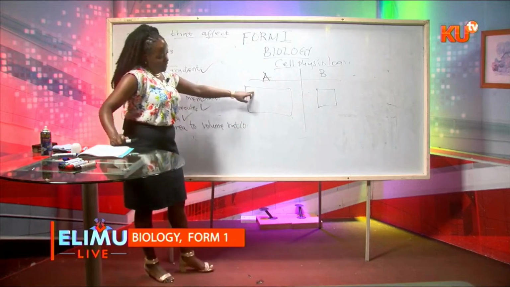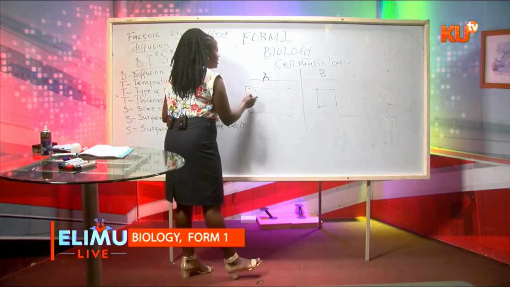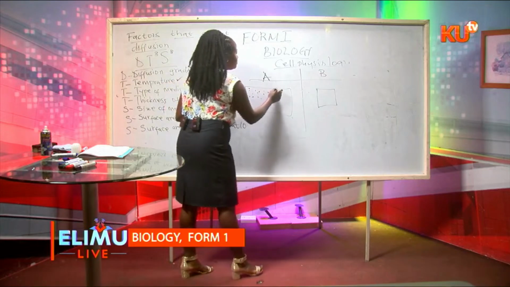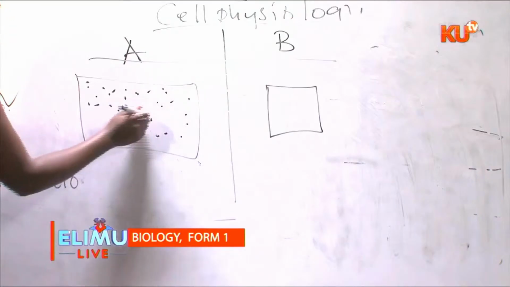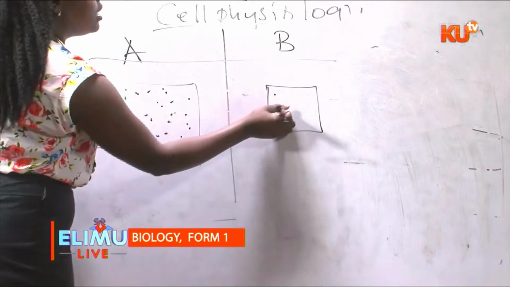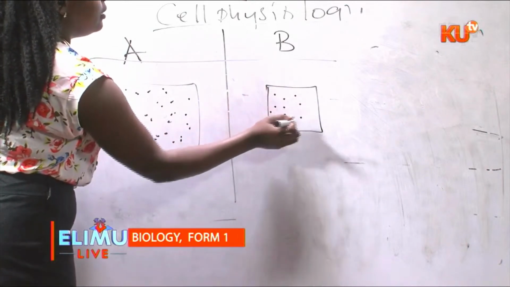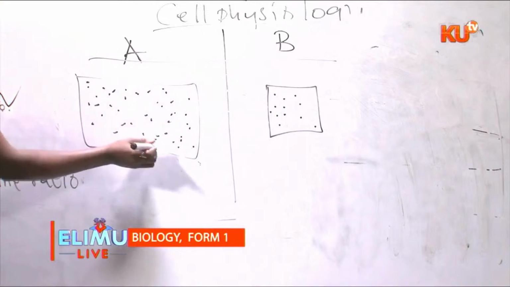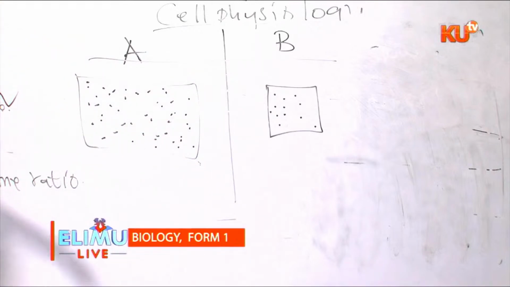Surface A is big, meaning that more molecules will diffuse, but surface B is small, meaning only a few molecules or particles can move to their region of low concentration.